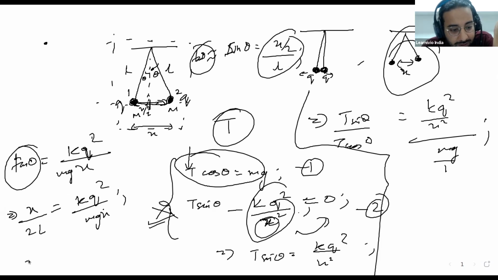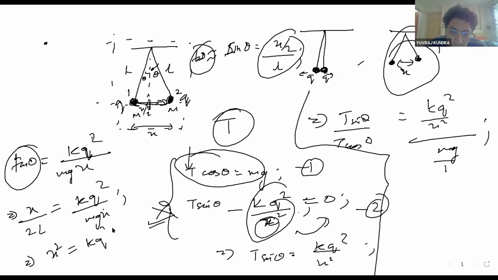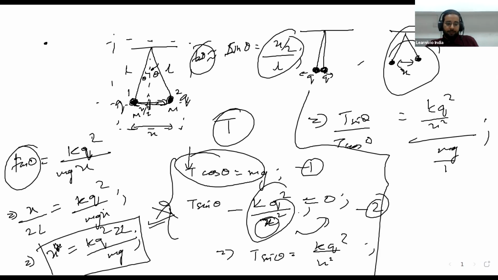Taking the x upstairs, you get x square is equal to kq square 2L upon mg. So x is essentially the square root of this whole thing. Does this make sense? But this won't give the answer, because the options are given as q square L upon 2 pi epsilon naught mg raised to power 1 by 3.